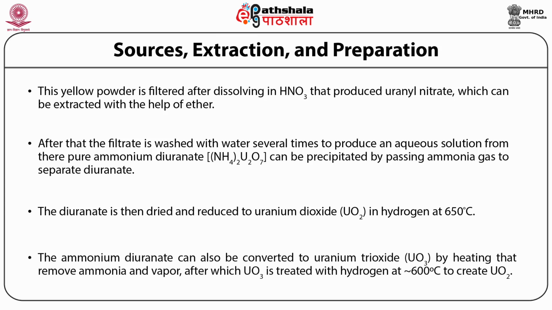The ammonium diuranate can also be converted to uranium trioxide by heating, which removes ammonia and vapor, after which uranium trioxide is treated with hydrogen at approximately 600 degrees Celsius to create uranium dioxide.